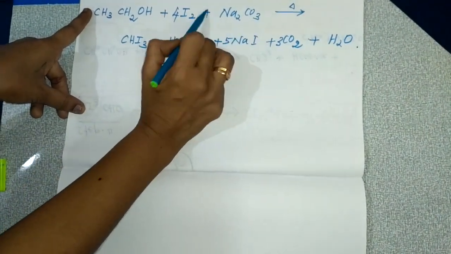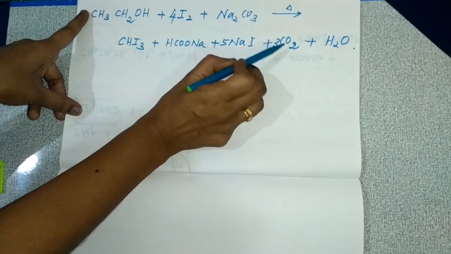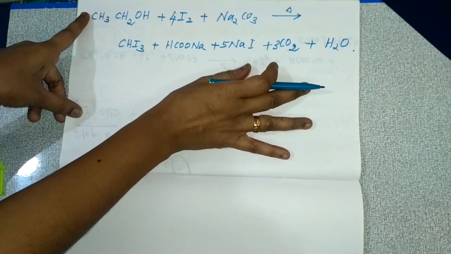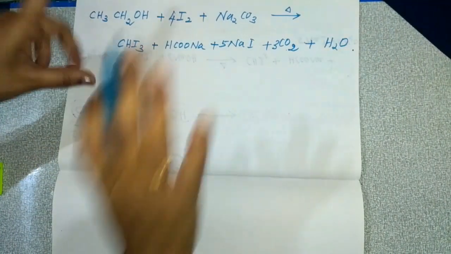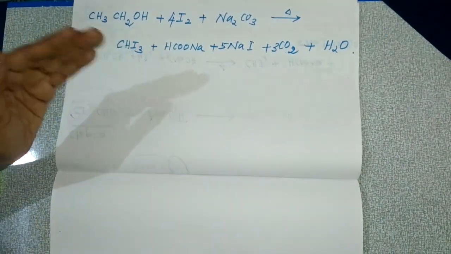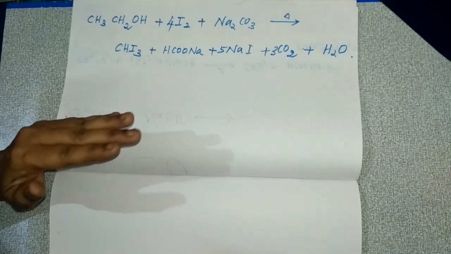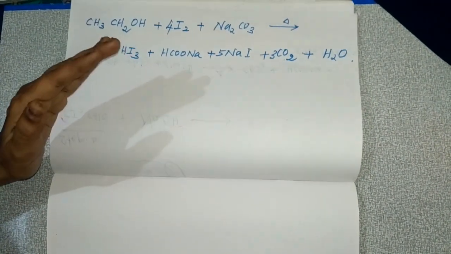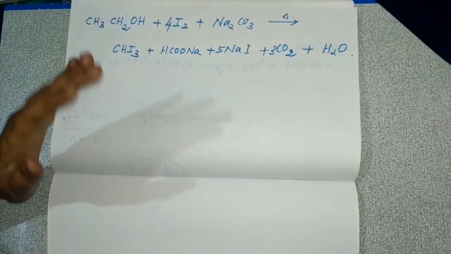So if you are using sodium carbonate, the additional byproduct formed will be carbon dioxide, and everything else will be the same. So this is how you can prepare iodoform from ethanol in the presence of sodium hydroxide or sodium carbonate.